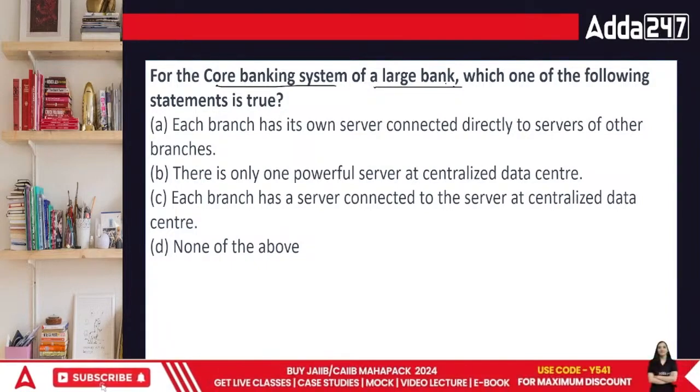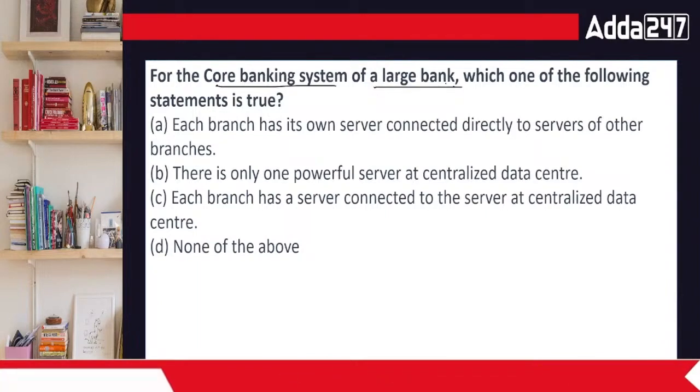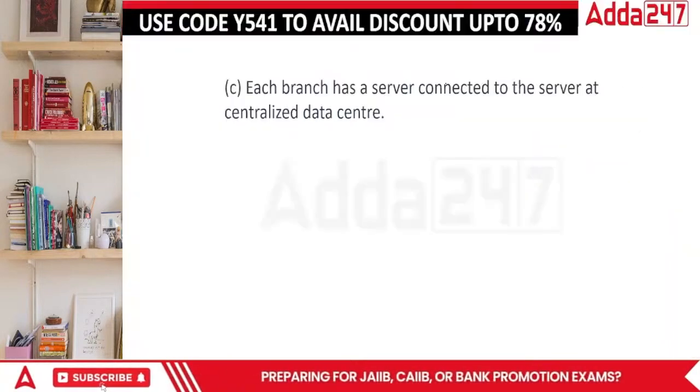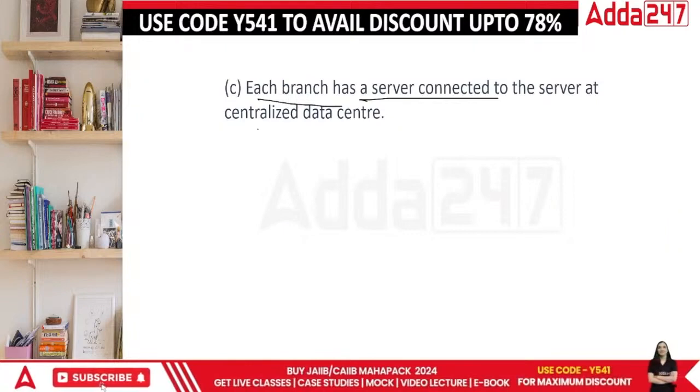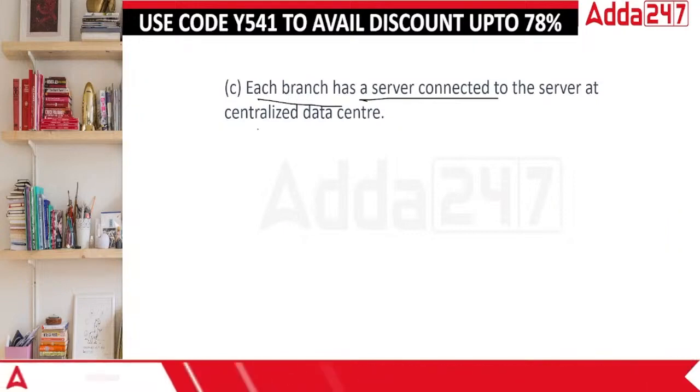Every branch is going to connect to the centralized data, so each branch has a server which is directly related to the center. Done, everyone?